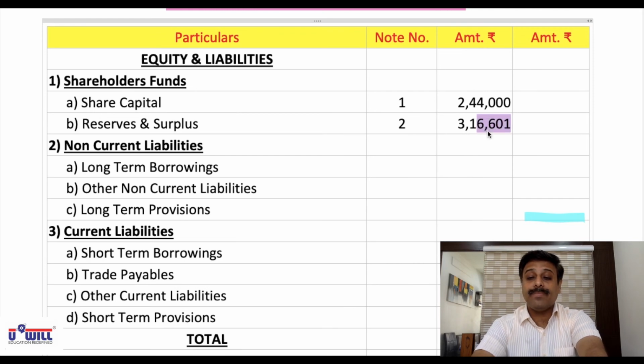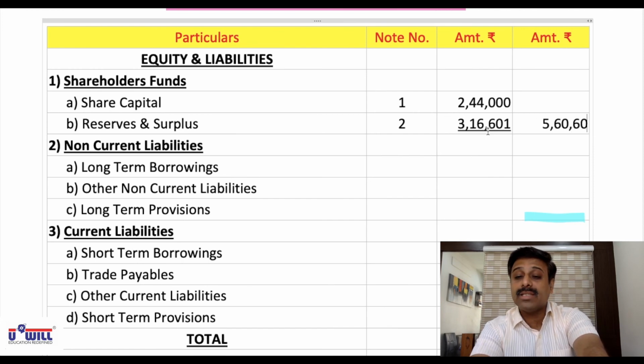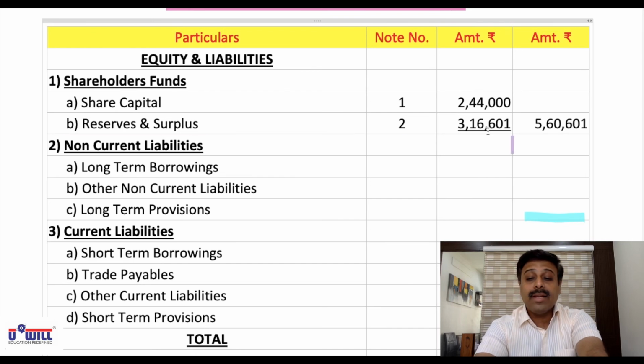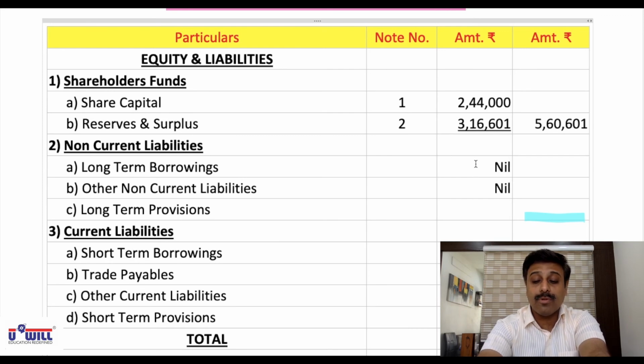So total will be 2,44,000 plus 3,16,601, 5,60,601. Then we don't have long-term borrowings, other non-current liabilities, or long-term provisions, so total will also be nil.